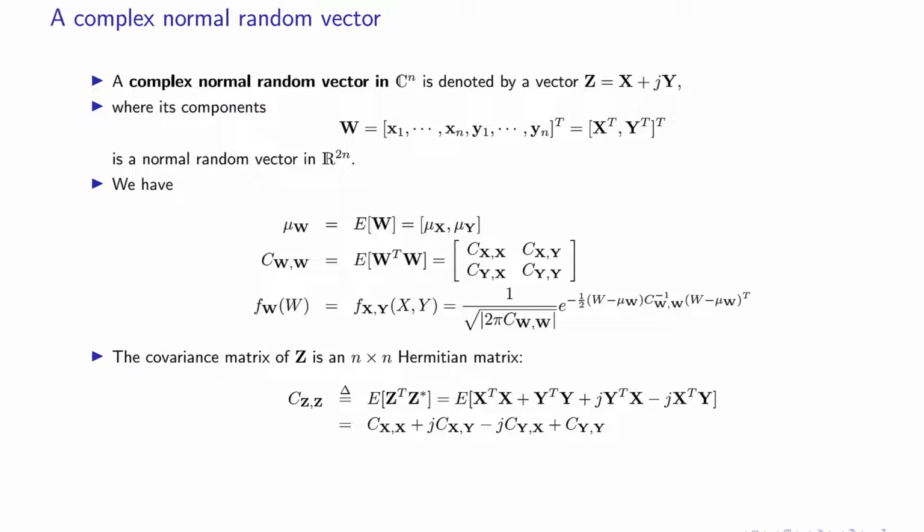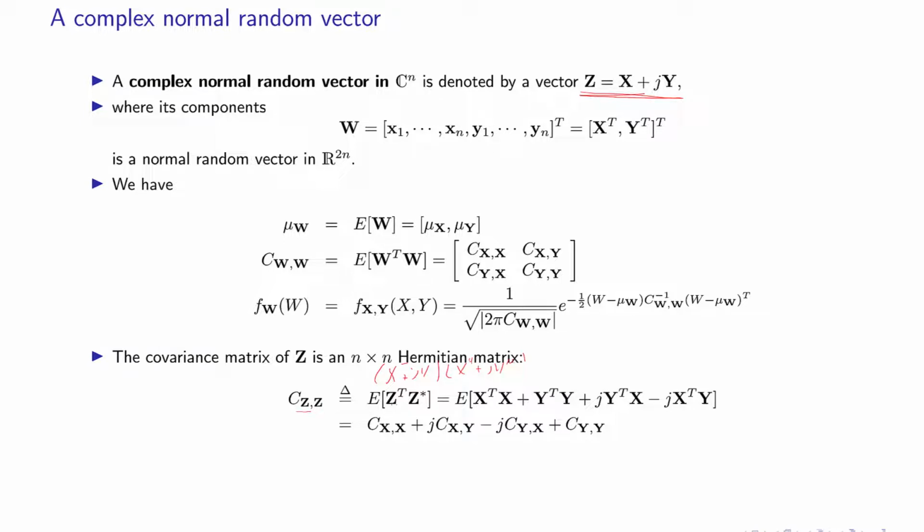Now, if you write this complex random vector in a complex format, the covariance matrix will become the mean of z times z Hermitian, or whatever you want. If you do that, z is going to be x plus jy, and then you will have x Hermitian plus jy Hermitian, and if you multiply them together, you will have four terms.